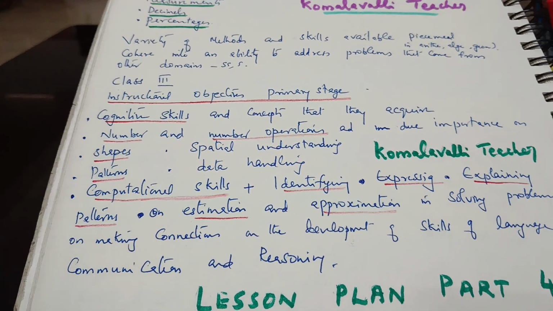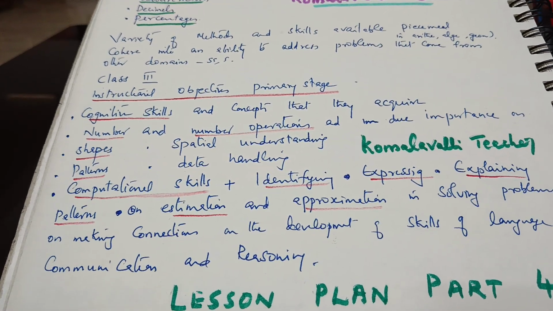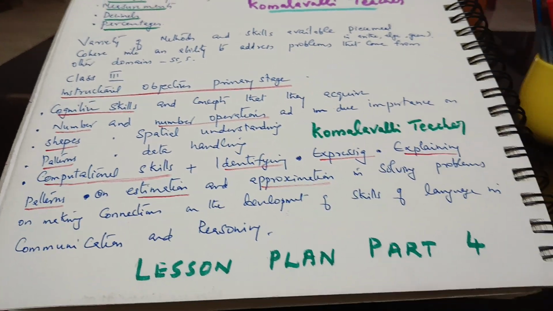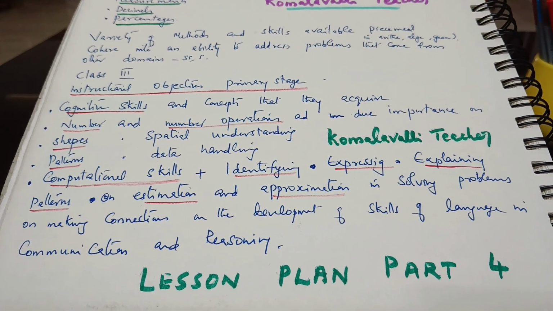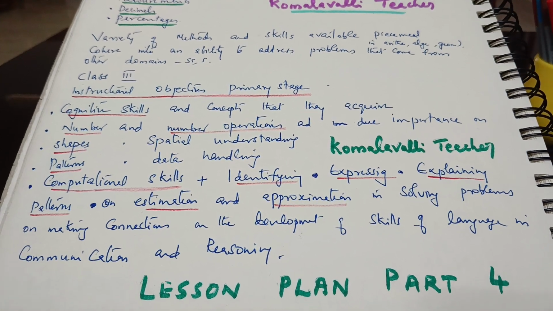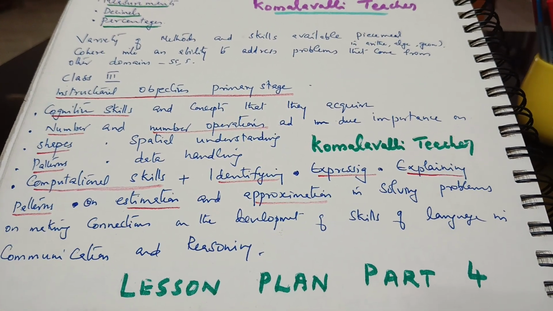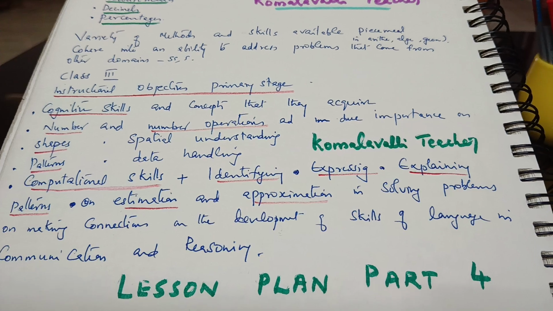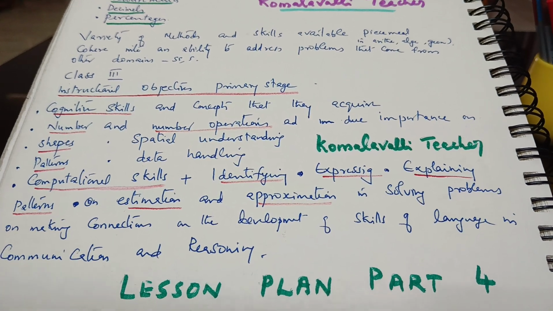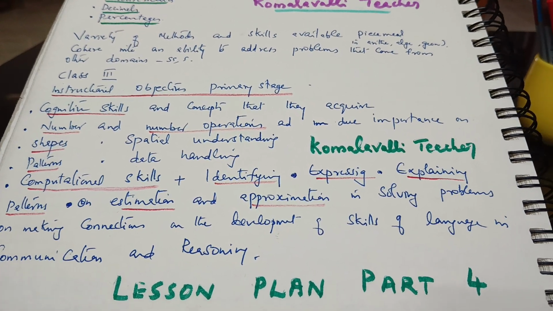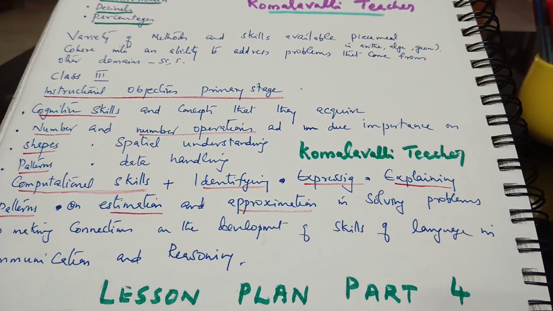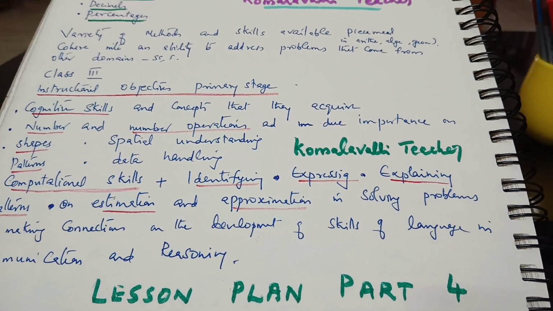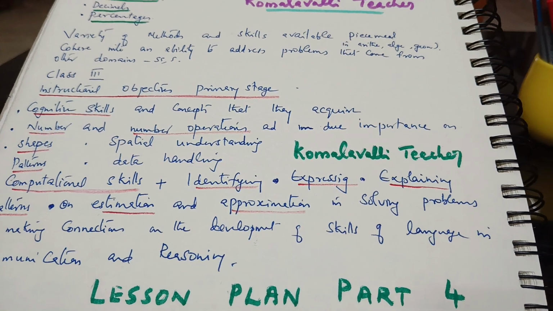So by learning mathematics, regarding the specific objectives for 3rd standard, the primary stage, they are acquiring computational skill. They are identifying how many numbers are there connected to numeracy, and they are able to express, only 2 I have, or only 5 I have, or I am having 10. So expressing, explaining, and patterns.